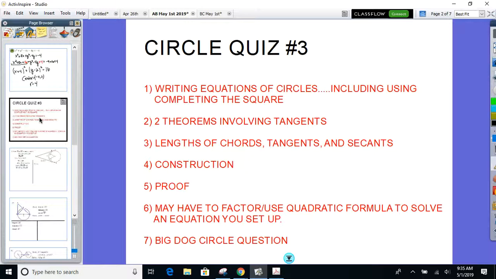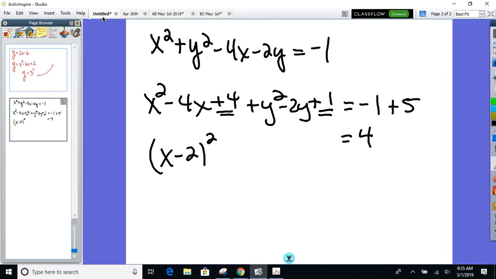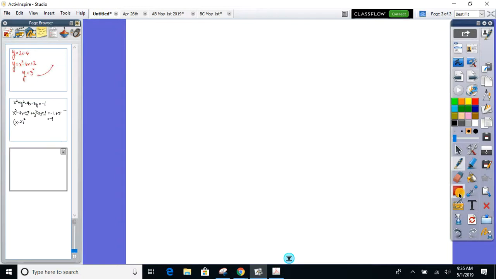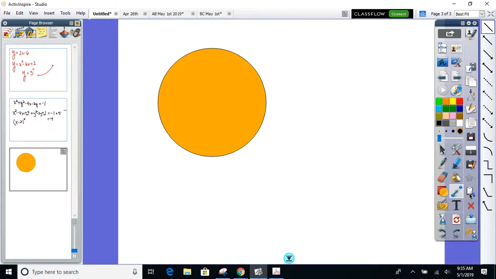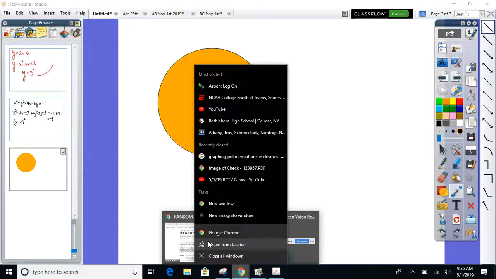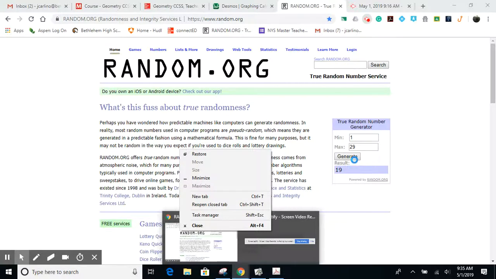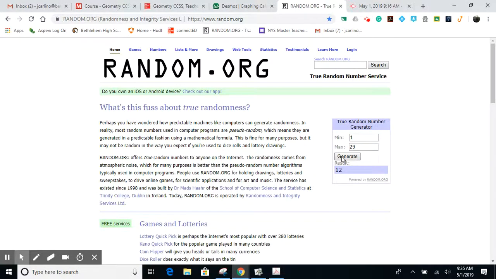All right. Next one, 2 theorems involving tangents. Ready? Here's the 2. And I'll go back and forth. I'll leave this up when you guys are ready to work on your own. First of all, what is a tangent? Let me open that up to you guys. You guys are taking the quiz tomorrow. What is a tangent?